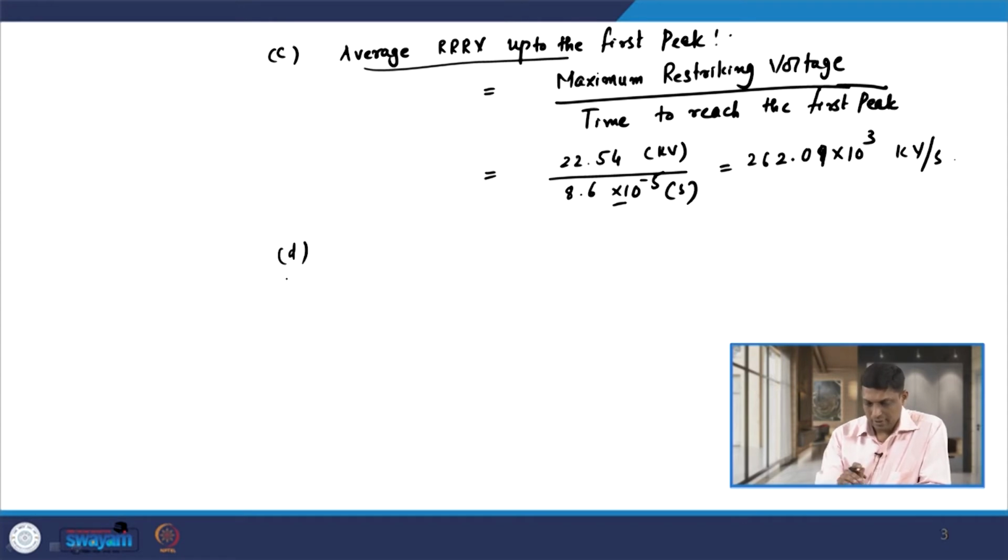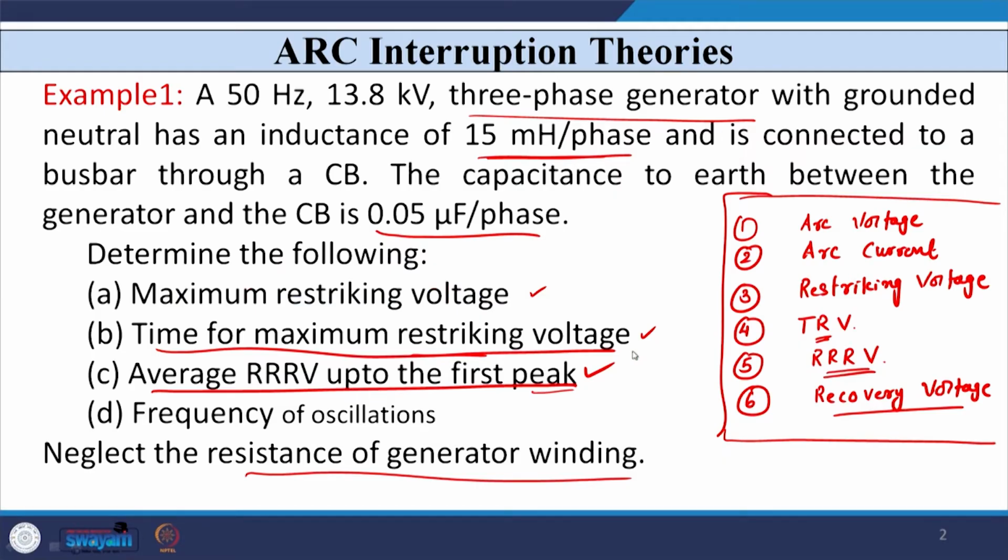Now, let us see the last part, that is what is the frequency of oscillations.